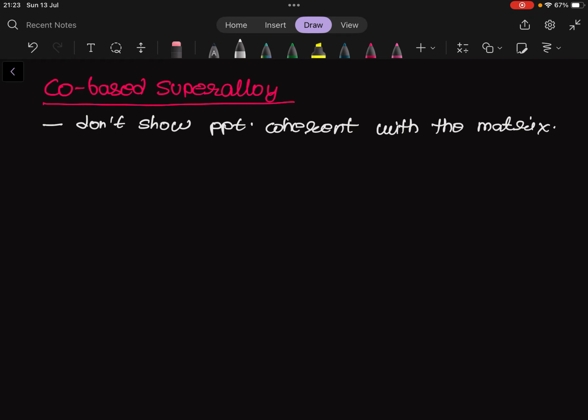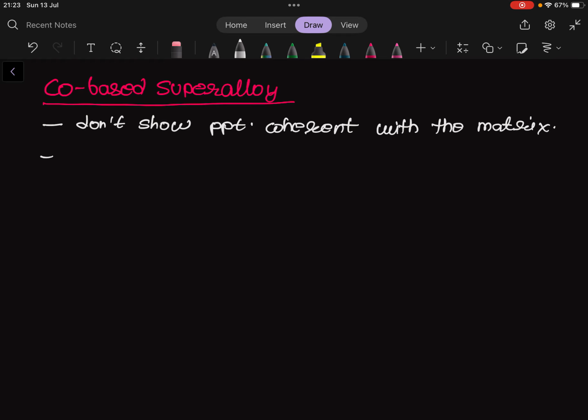So they are strengthened for the largest part by the presence of carbides, and this is the reason why in cobalt based superalloy we will find a carbon content which is higher than found for iron and nickel based superalloys.